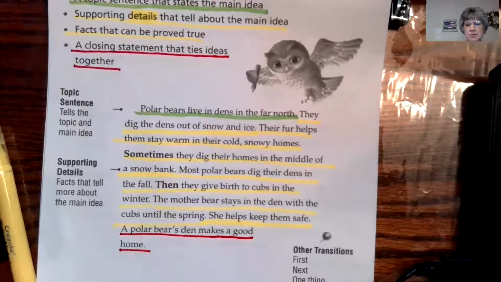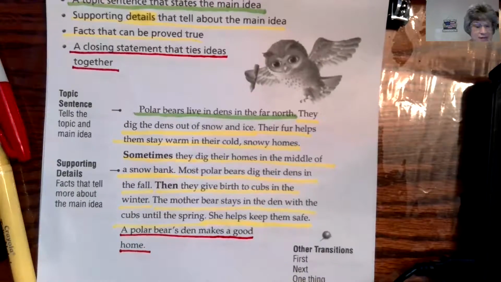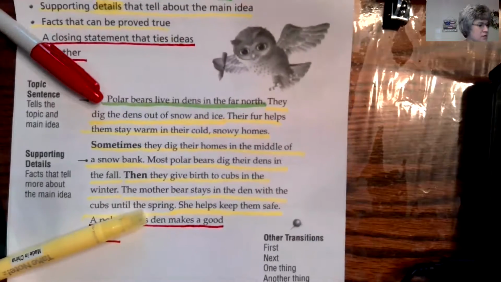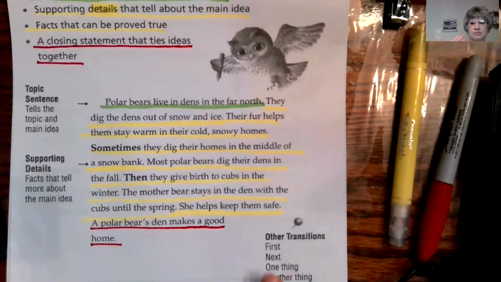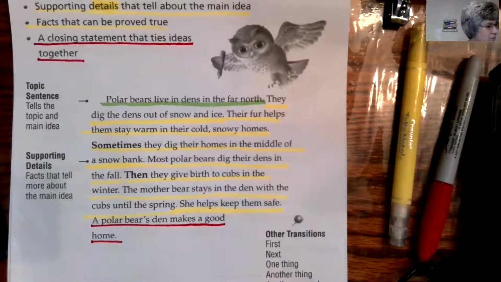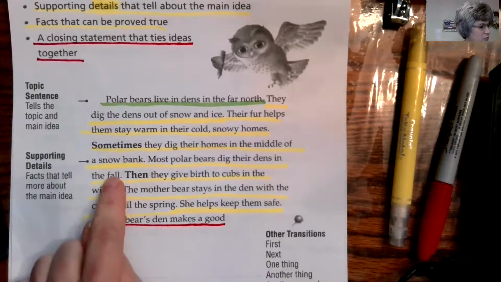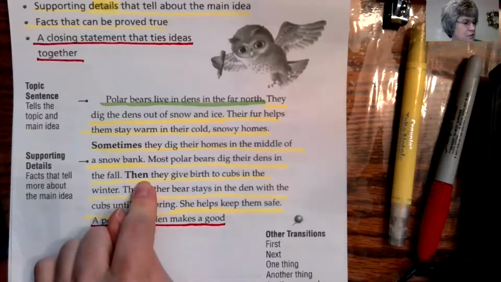Okay, just wanted to point one other thing out to you real quickly. When you write an informational paragraph, or really any type of paragraph, a good thing to do is to include transition words, because you're moving from one idea to the next. And we notice here that the word sometimes and the word then are in bold print, and they were written that way to show you that the use of transition words are very useful.